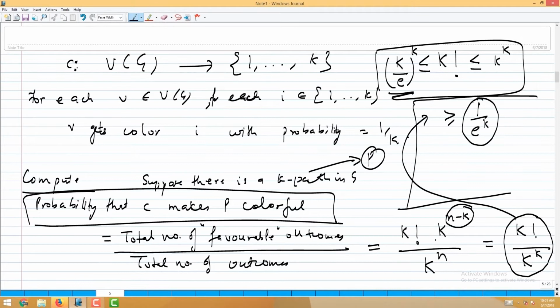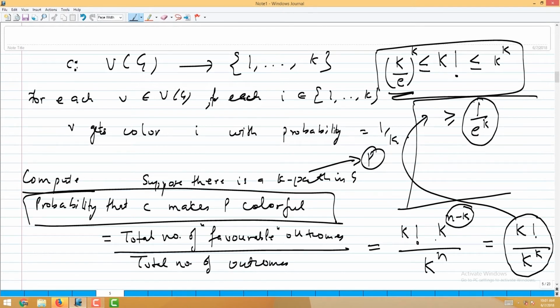If it says no, we want to say it is correct. If it was no here, then it was a no in the original graph. Or in other words, if there was a k path here, then it says yes with probability at least 1 by e power k, because this is the probability with which this coloring would have colored this k path colorfully, right? So our algorithm is correct. The error is only one sided.